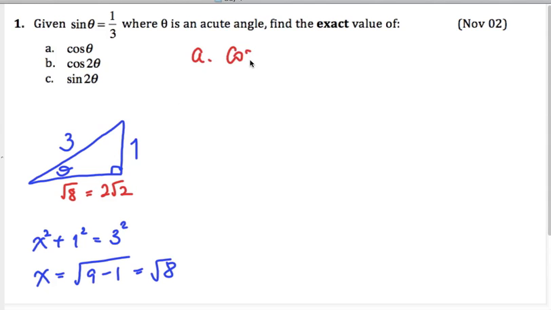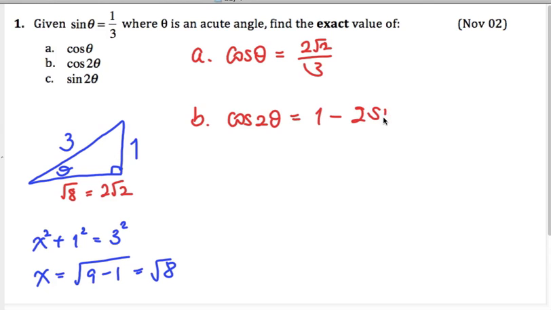Alright, so A. What is cosine of theta? Well, cosine of theta is adjacent over hypotenuse, so I can say 2 root 2 over 3 or square root of 8 over 3. That really doesn't matter. I think you can just leave it like this, just in case you can simplify. Alright, B, cosine of 2 theta, well, that's equal to 1 minus 2 sine squared theta, right?